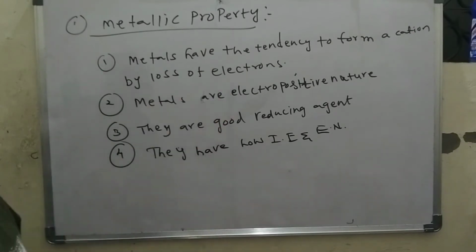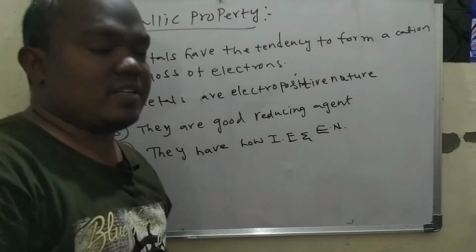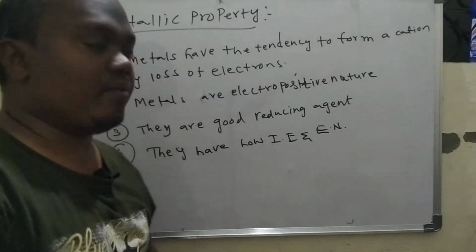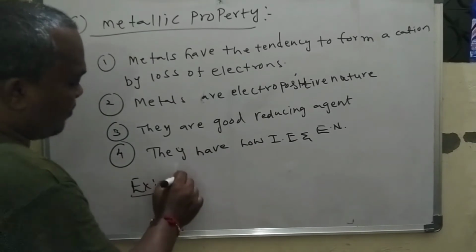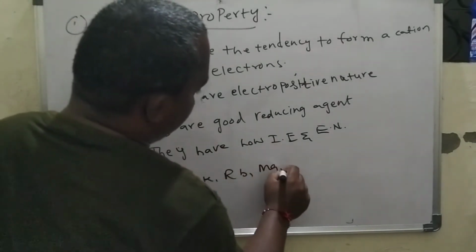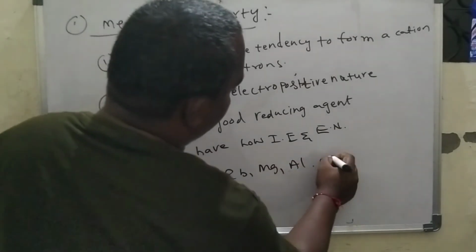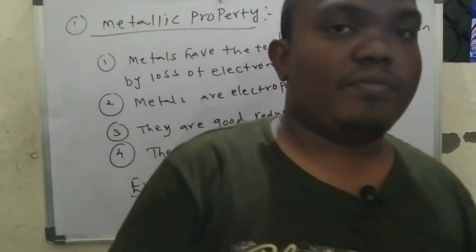Metals are electropositive in nature. They are very good reducing agents and they have low ionization energy and electronegativity. For example, sodium, potassium, rubidium, magnesium, aluminum, etc. These are examples of metals.